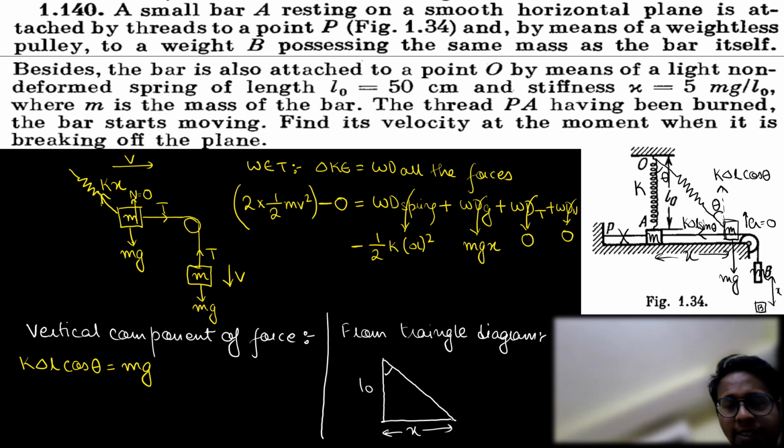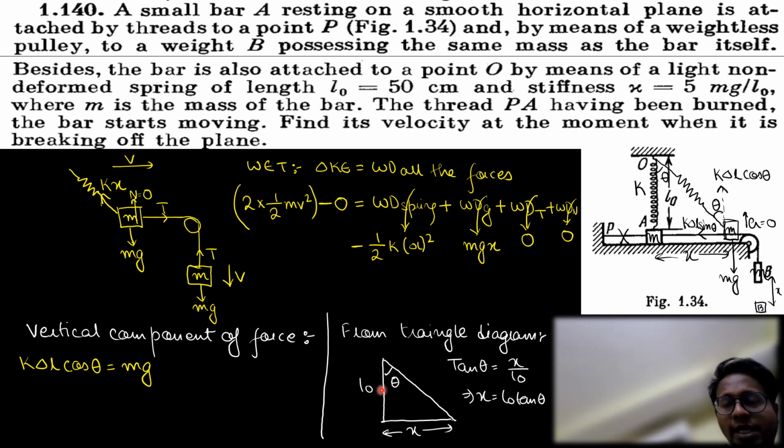This angle is theta. Can I say tan theta is equal to X by L naught? So tan theta is equal to X by L naught, or X is equal to L naught tan theta.